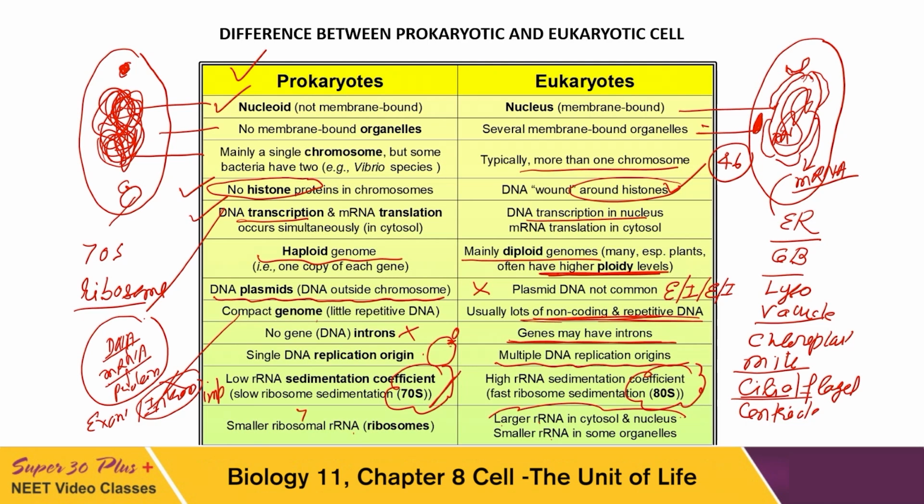Here we have only 70S ribosome found in the cytoplasm. Here we have the larger one, 80S, in the cytoplasm, and 70S in some organelles. Can you recall these organelles? These are chloroplast and mitochondria.